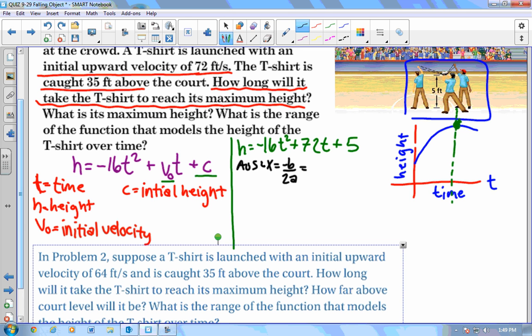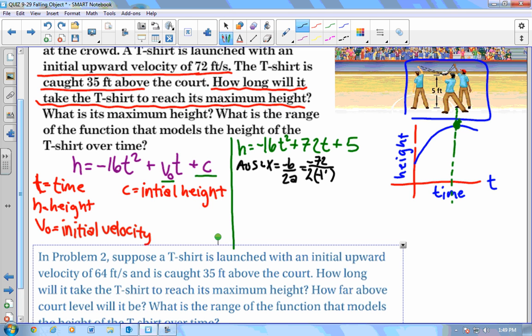Rika, what number is in the b position? It goes in alphabetical order, A, B, C. 72. And so we'll do opposite of that, so negative 72 over 2 times what is in the A position. Dylan Daniels? Careful.